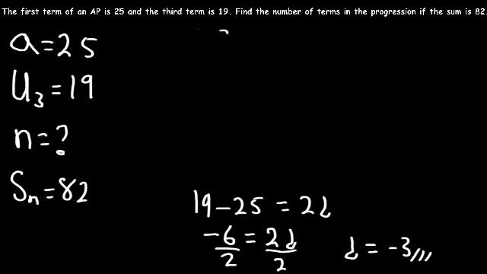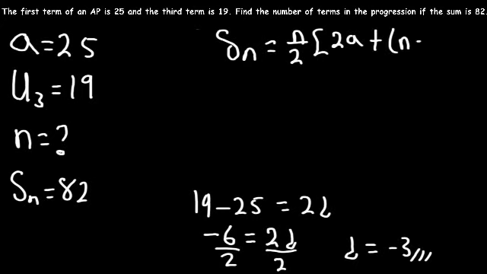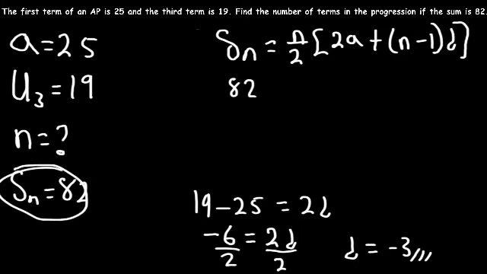S sub n is given as n by 2, multiplied by 2a plus n minus 1 d. Out of all these 4 quantities, we have 3 of them, so definitely we can solve for the last unknown quantity. S sub n is 82 according to the question, and the value of n is what we are trying to solve for.